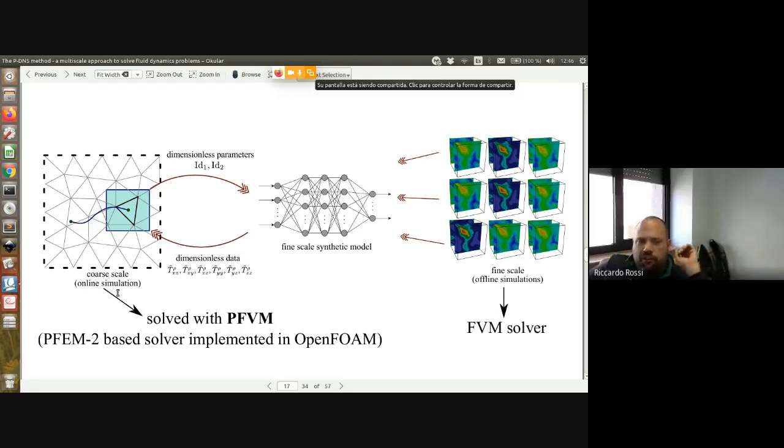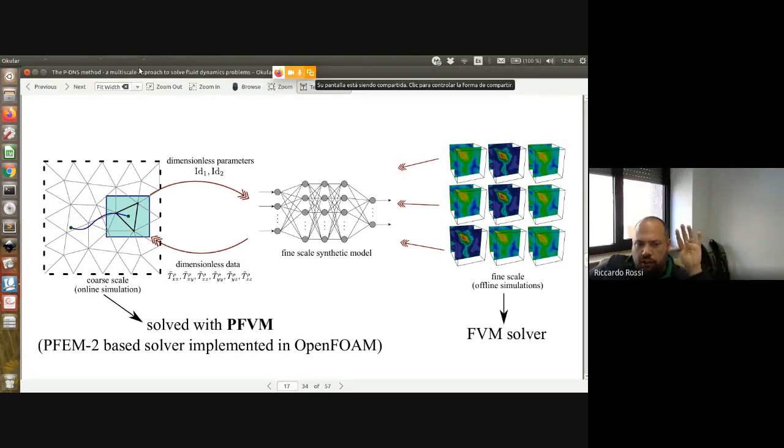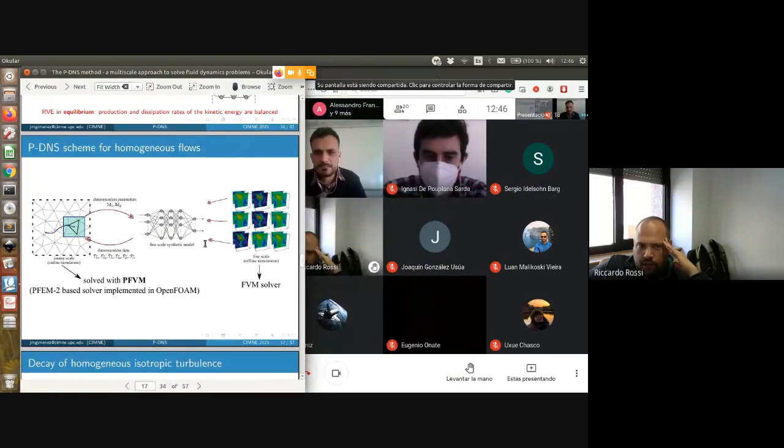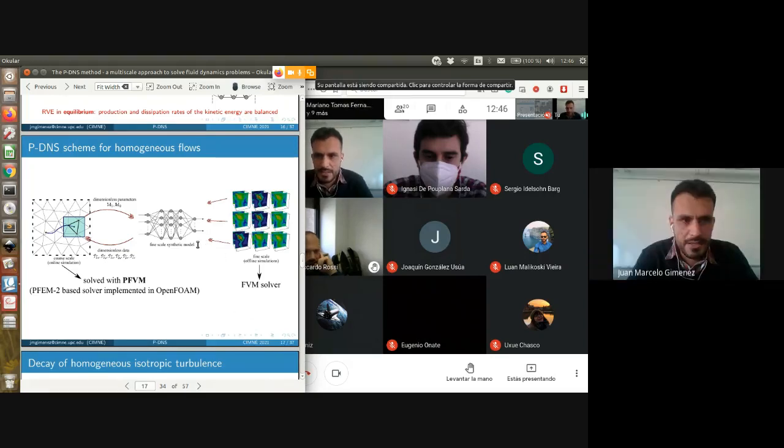But essentially, imagine that you were not using a particle solver. Then what you have is a machine learning based approximation for the fine scale solver within a coarse scale solver. Is that correct? Yes, the machine learning function or artificial neural network is the same. It doesn't care which solver you use in the coarse scale.